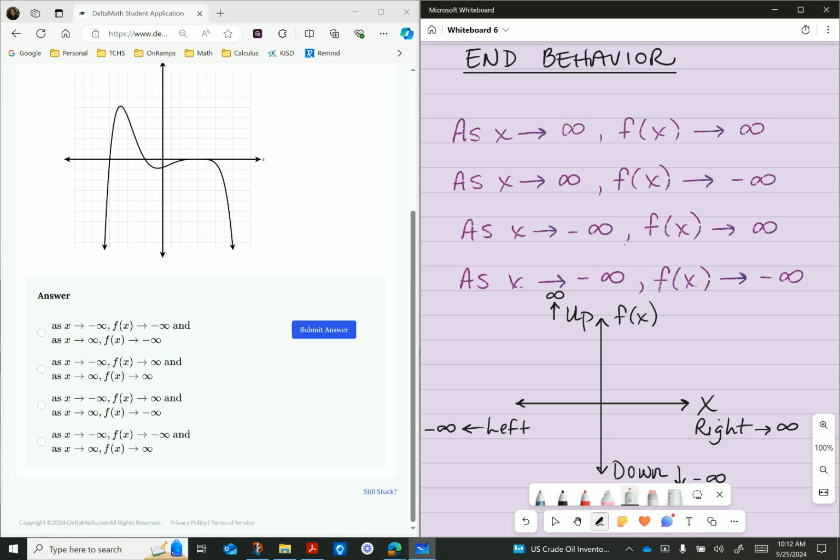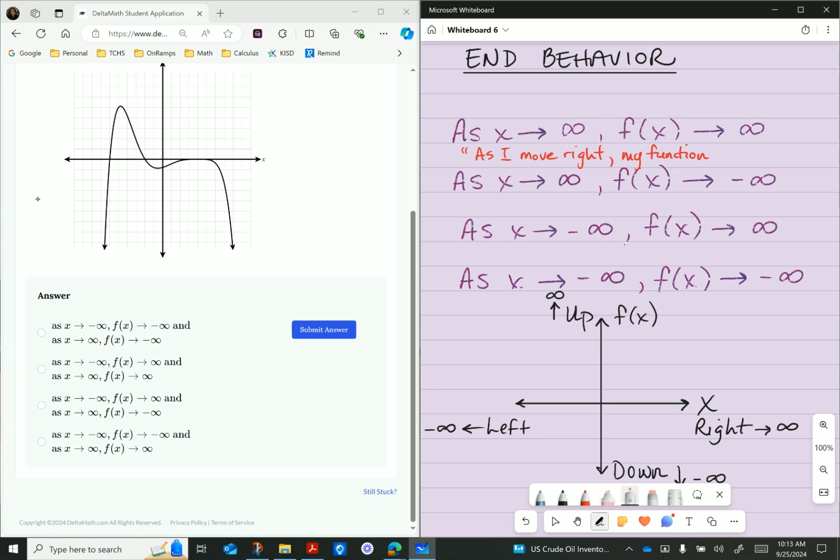So upstairs, the first thing we start with here is as x approaches positive infinity, f of x goes positive. So that means as x approaches positive infinity, it means as I go right, okay? So I'm going to write this in red. So here, as I move to the right, f of x, basically my function, whatever the function is, is approaching positive infinity.